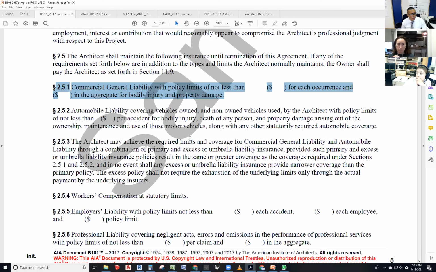So section 2.5.2, automobile liability, covering owned and not owned vehicles used by the architect, with policy limits not less than whatever the amount is per accident. So that just, again, covers the people driving the vehicle more than just the vehicle itself.